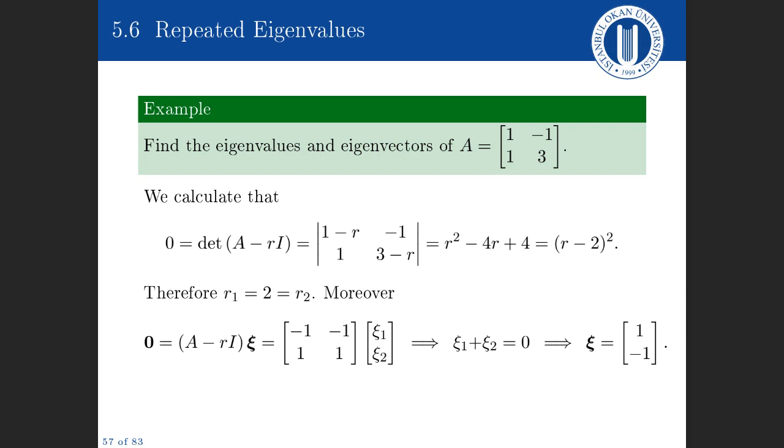And then we can calculate the eigenvectors using our eigenvector equation: the 0 vector is (A minus rI) times the vector xi. We find that we could choose xi to be (1, -1). There's only one linearly independent eigenvector here.